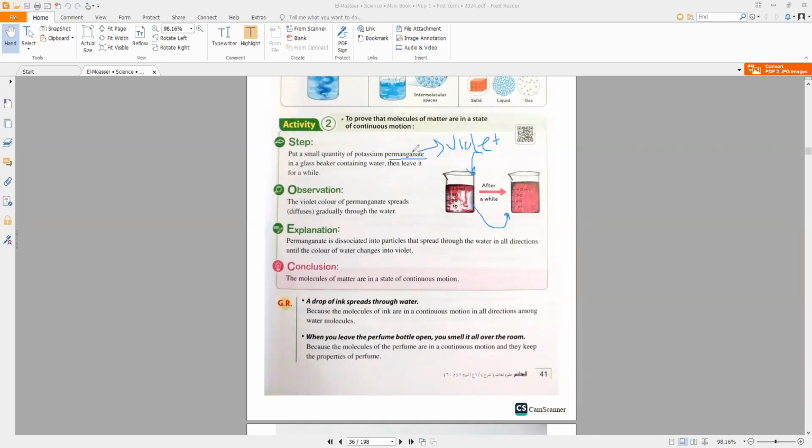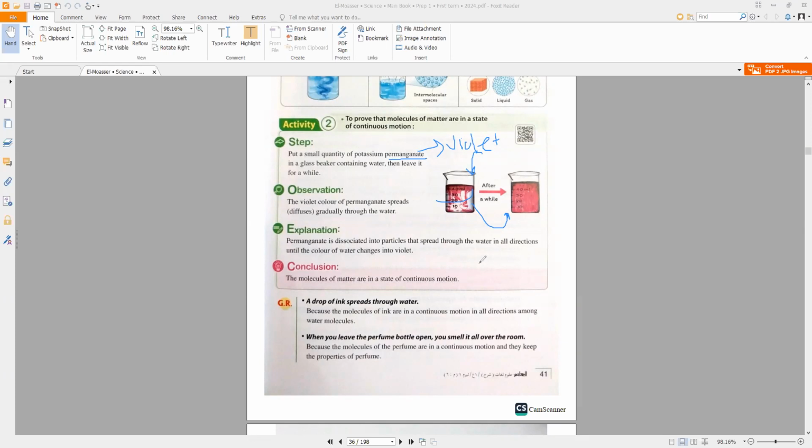Because this permanganate consists of molecules, and the molecules of permanganate are in a continuous motion, until all the color of the water becomes violet. So the molecules of matter are in a state of continuous motion.